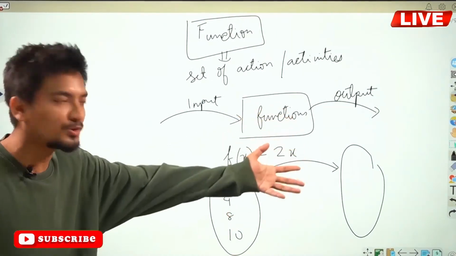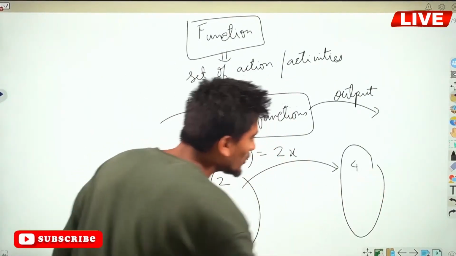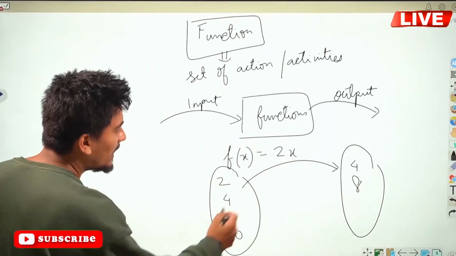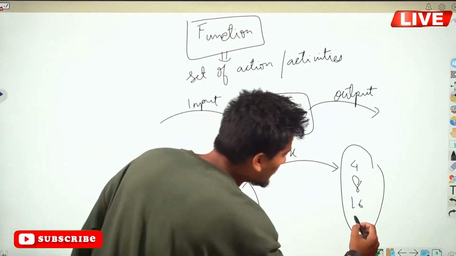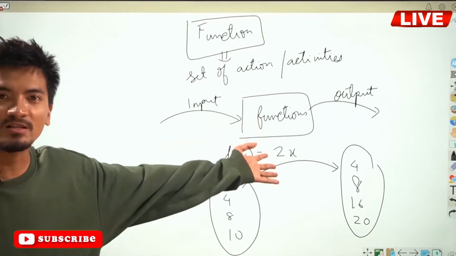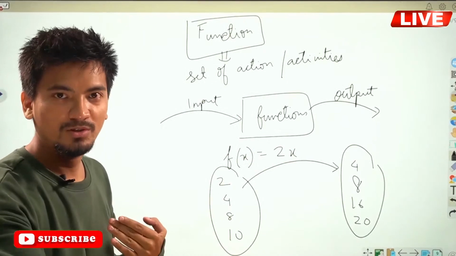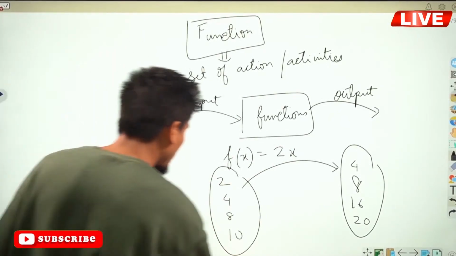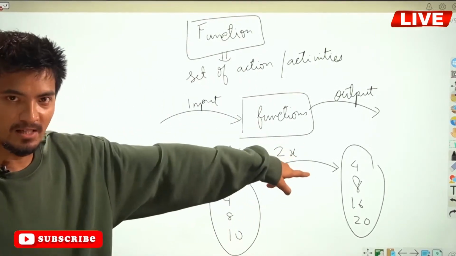So what will be the outputs? 2x means 2 into 2, it will be 4. 4 into 2 will be 8. 8 into 2 will be 16. 10 into 2 will be 20. So using the function on the inputs, we are getting some outputs. So functions are defining a kind of relation.